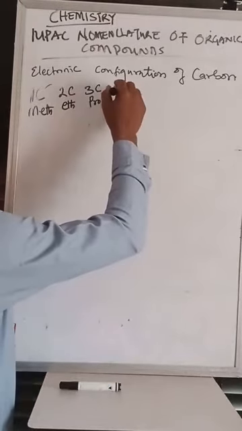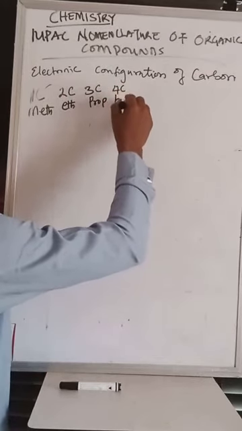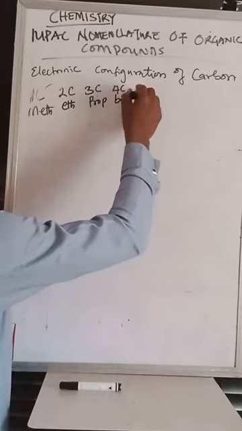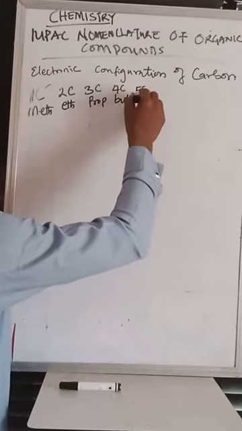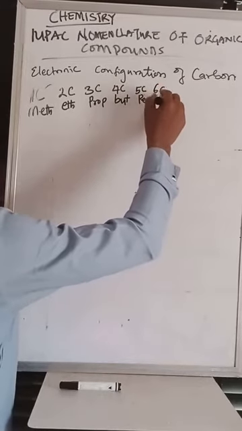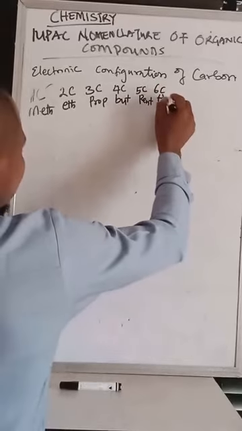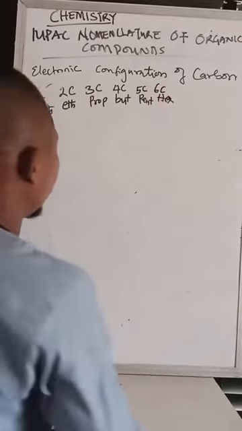A compound with 4 carbon atoms is but. 5 carbon atoms is pent. 6 carbon atoms is hex.